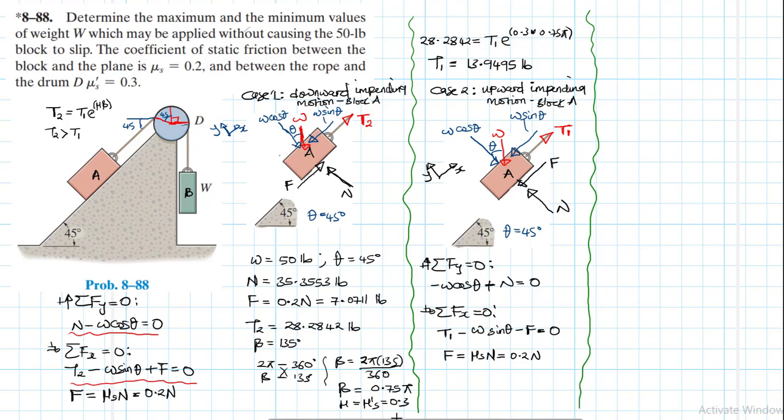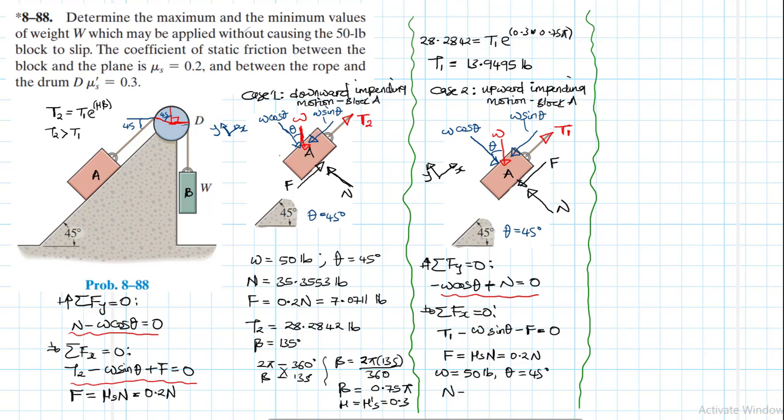Okay, so let's solve these equations of equilibrium. So we know that N, W is already known, so we are using this equation here. W is known. W is equal to 50 pounds. Theta is equal to 45 degrees.